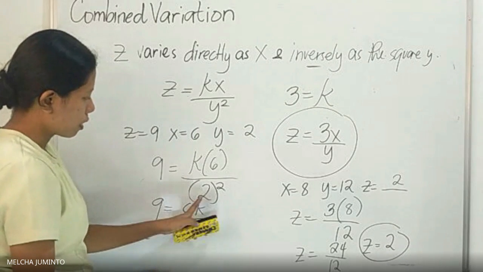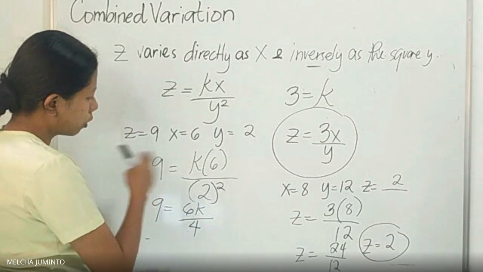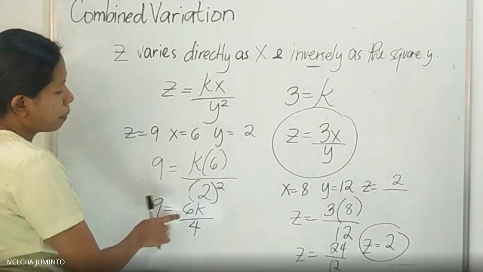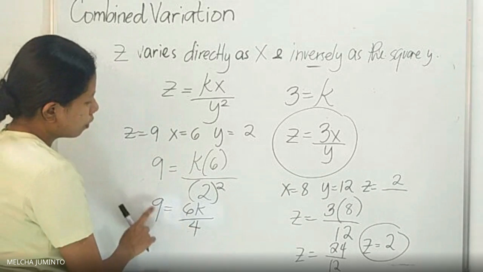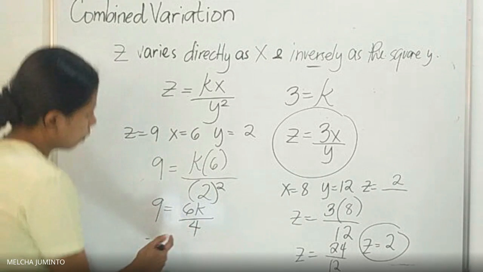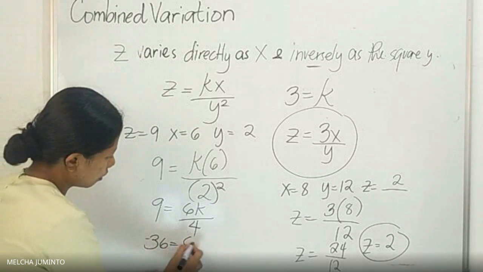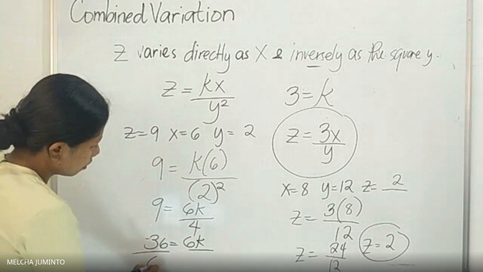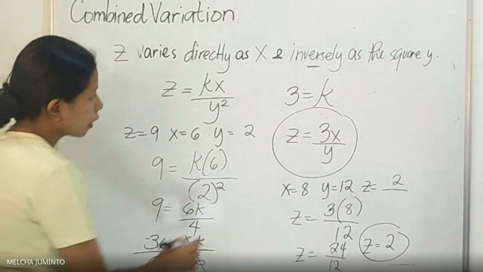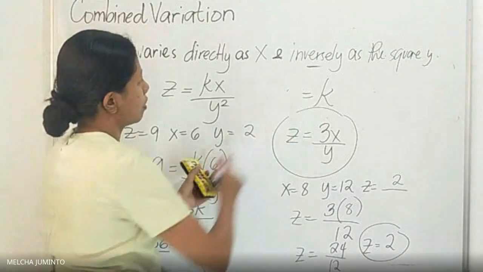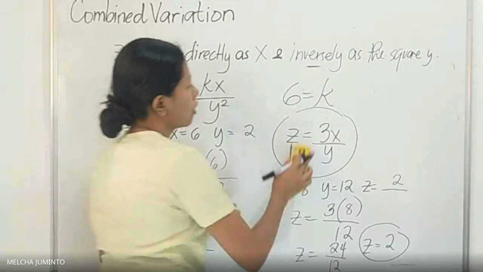It will become 4 because it's 2 squared. Cross multiply first, 9 times 4, because 6 is not divisible by 4. We have 36 equals 6k. Then divide both sides by 6. K is equal to 6. So instead of 3, it will become 6.